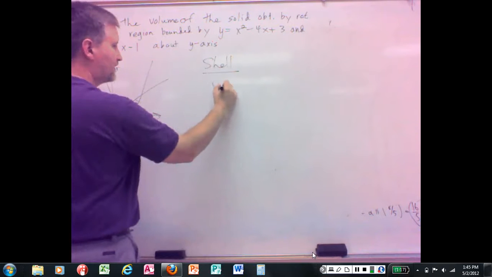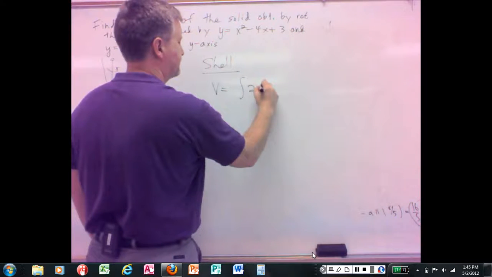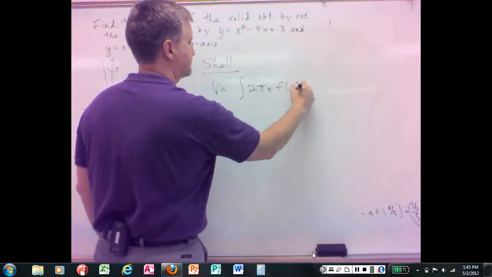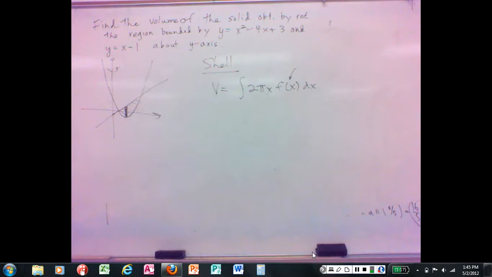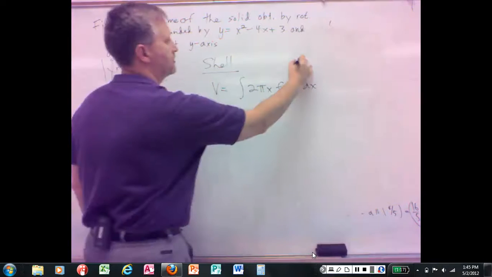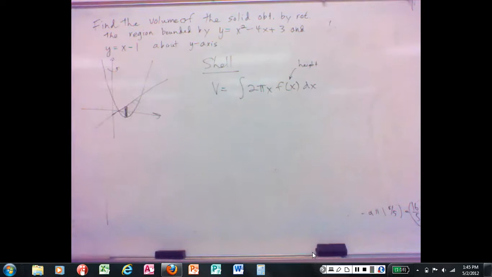Now, the thing about it is, it's 2 pi x f of x dx. The f of x is how high, the height of your thing that you're integrating. How am I going to get the height of that? Well, I've got to do a little subtraction, don't I? I have to subtract the top minus the bottom.